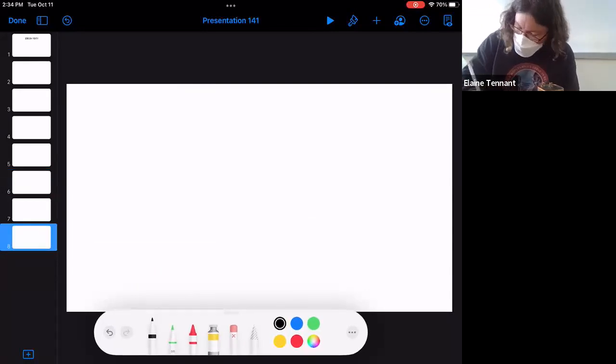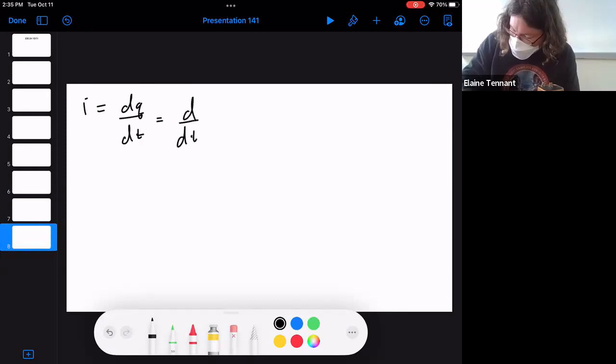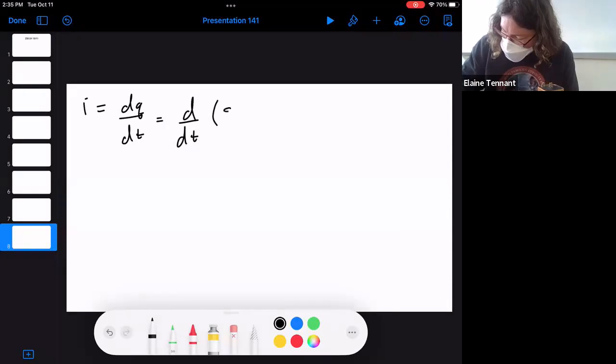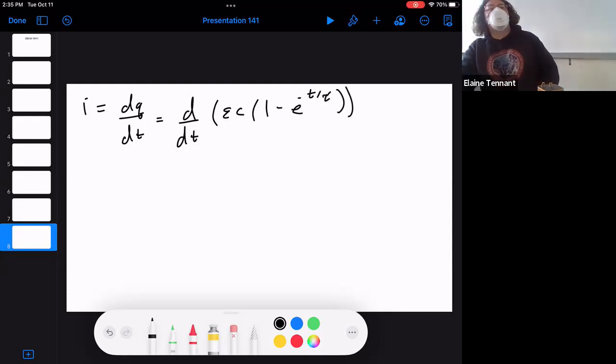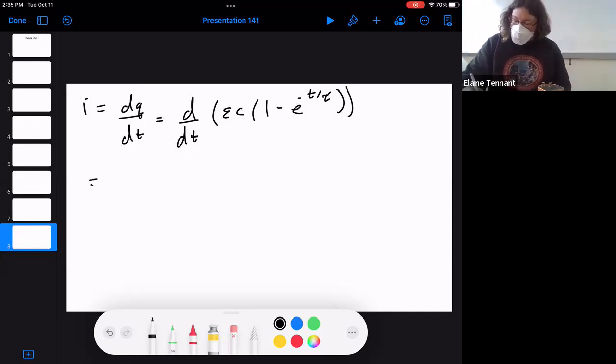Okay, so I is dq/dt, and q is EC times (1 minus e to the negative t over tau). I'm just going to write t over tau at this point so I write fewer letters. We'll split that into two derivatives to make my life easier.